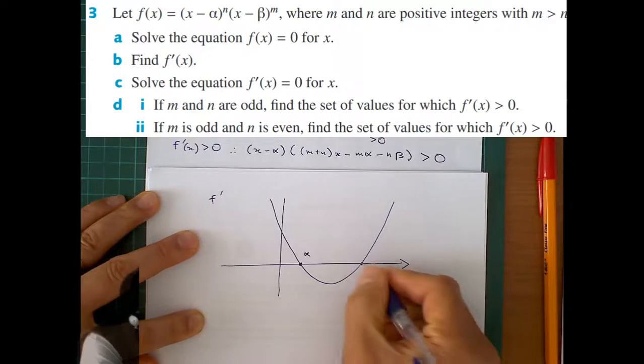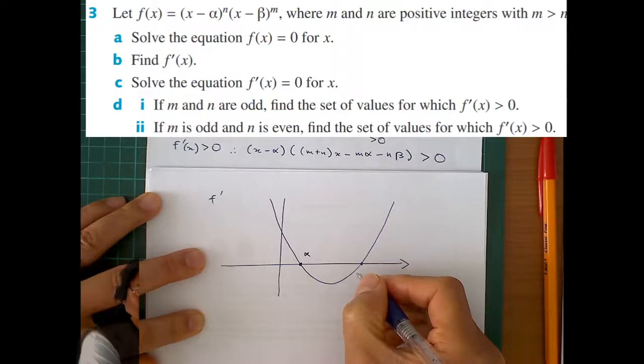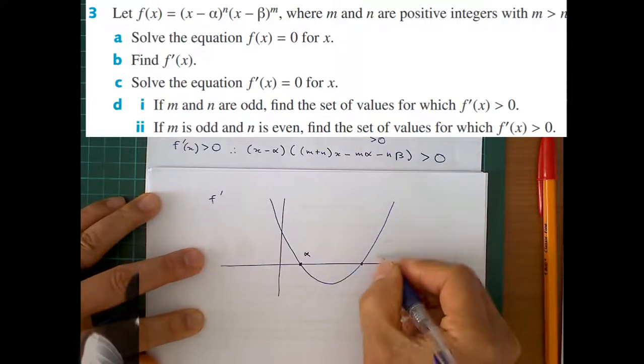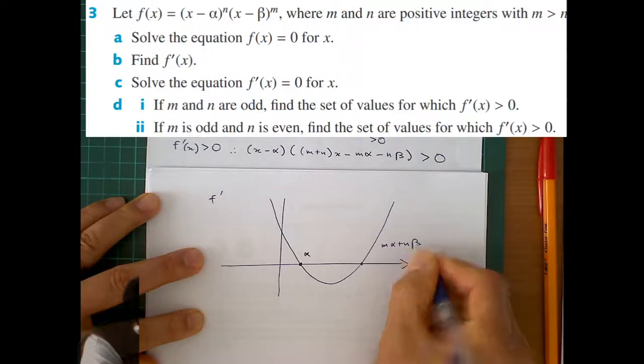The other one, I assume, I don't know, because I know nothing about alpha and beta. All I know is m and n are positive and m is greater than n. But if alpha and beta are different signs, that could change its position over here. I don't know. So it's going to be m alpha plus n beta over m plus n.